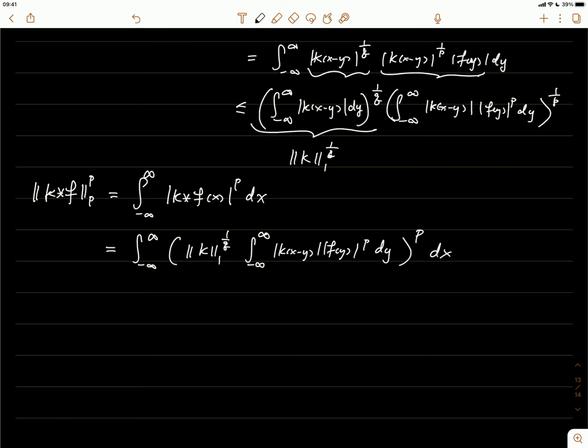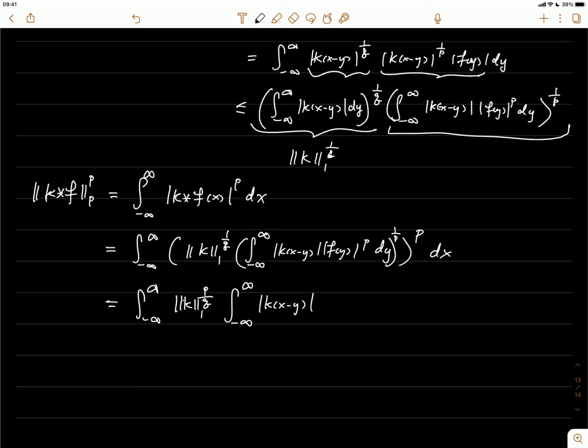This thing has 1 over p's power, right? That's what we have right here. And when I apply the p's power inside, I will have the k1 norm with the p applied to that as p over q. And then again, the integral of this |k(x minus y)| |f(y)| to the power p dy dx.